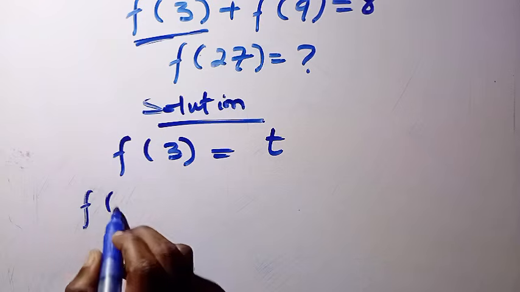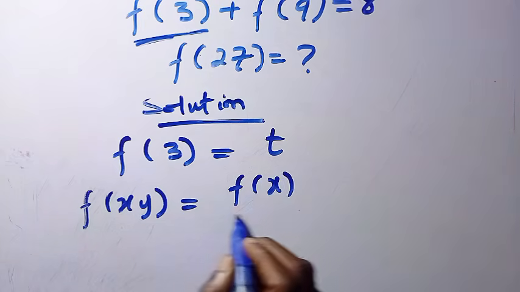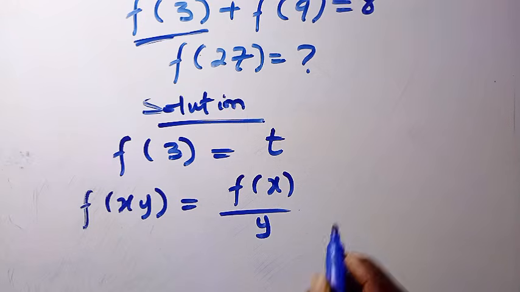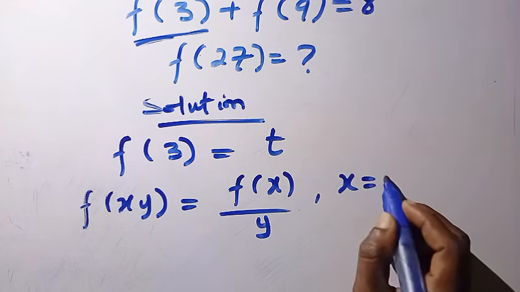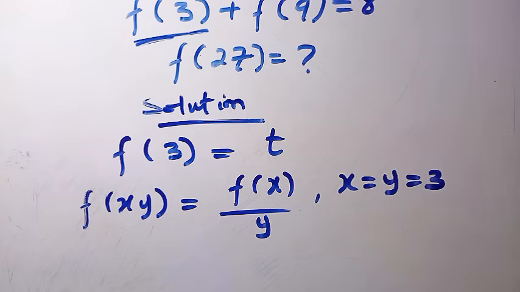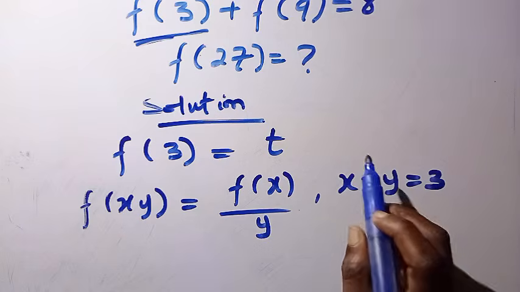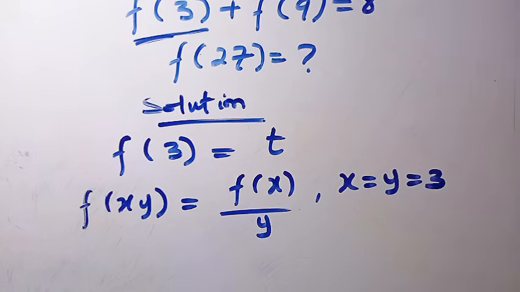Since we have f of xy equals f of x over y, if I let x equal y, which equals 3, then with these two we get f of 9.